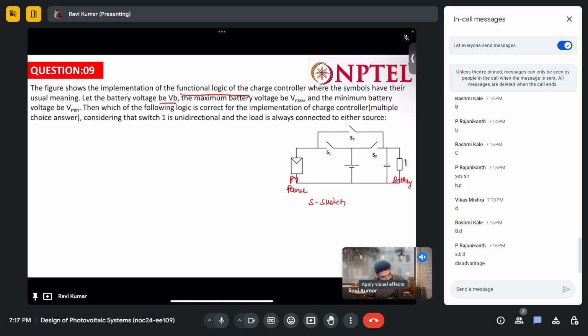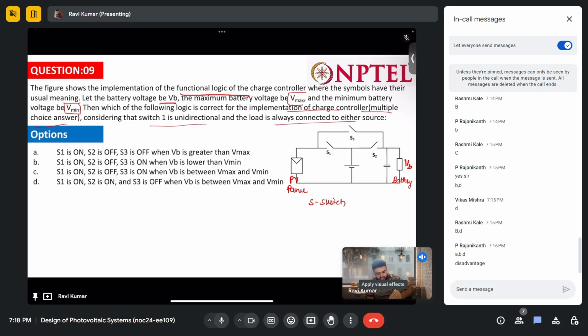The maximum battery voltage is Vmax, and the minimum is V minimum. Then which of the following logic is correct for the implementation of the charge controller? Here also there may be multiple choice answers, so be careful. These are the options. At what condition which switch will be on, which switch will be off? You need to identify it.